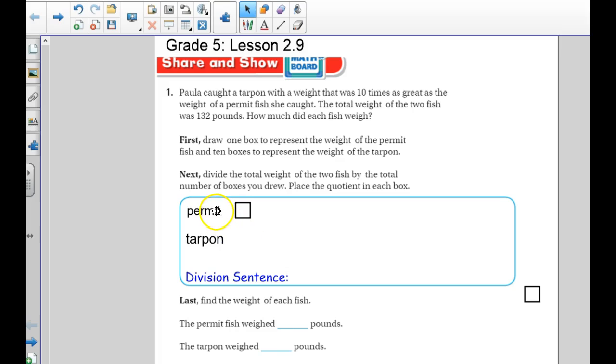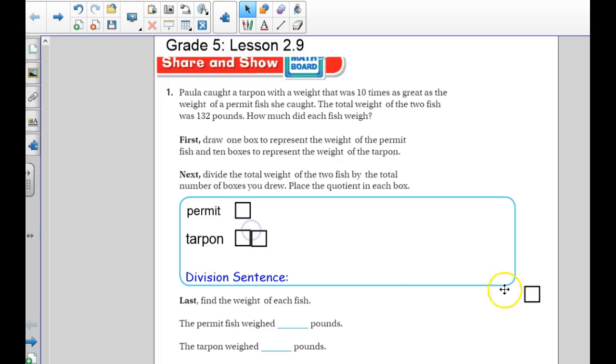So you're supposed to label your labels here, permit and tarpon, and then the first one should always have just one box, the one item that you're talking about. And in this case, how many boxes do we need for the tarpon? We need 10 boxes because that is 10 times as great as the original permit fish.